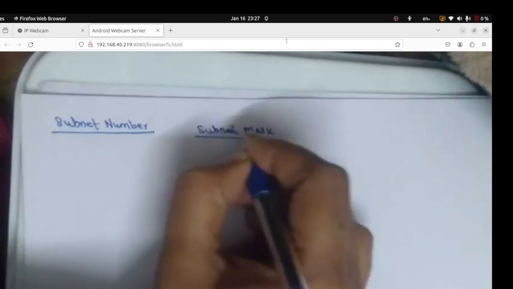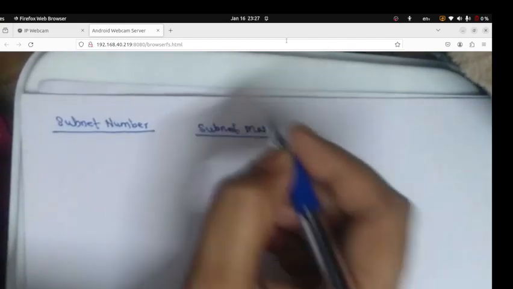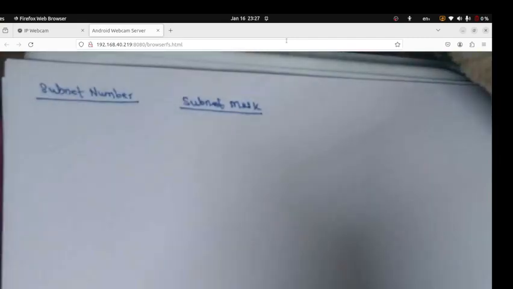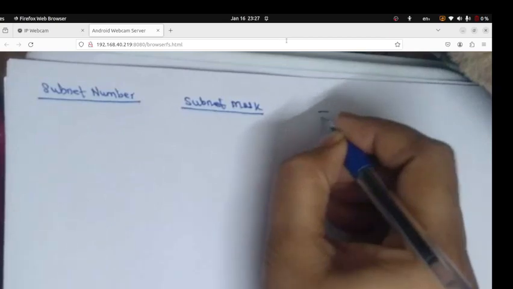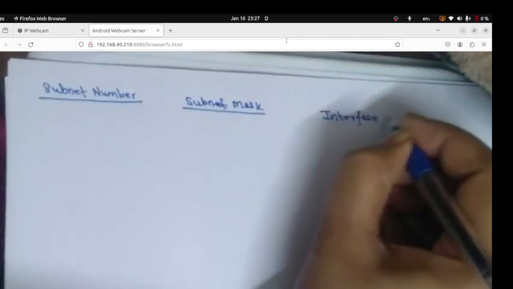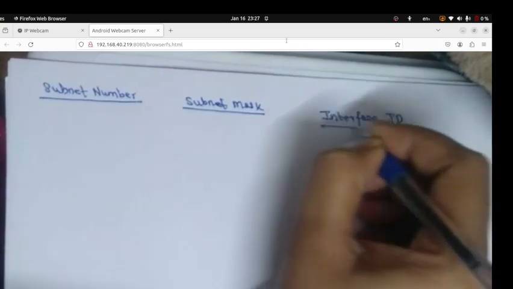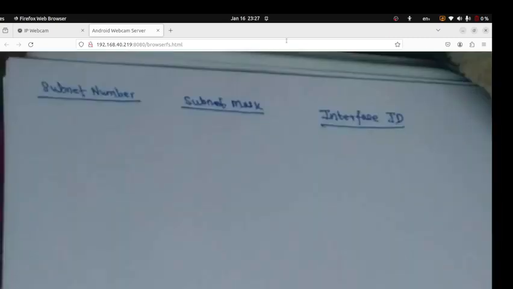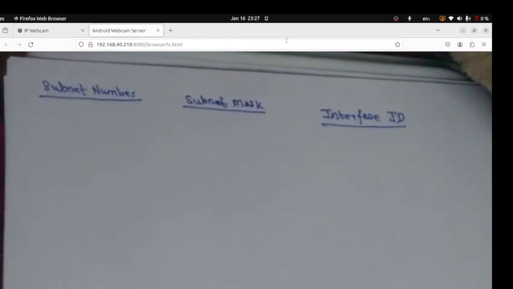The last column is interface ID. So these three columns are there in the routing table, and there are some rows. Let us see which rows are given here.